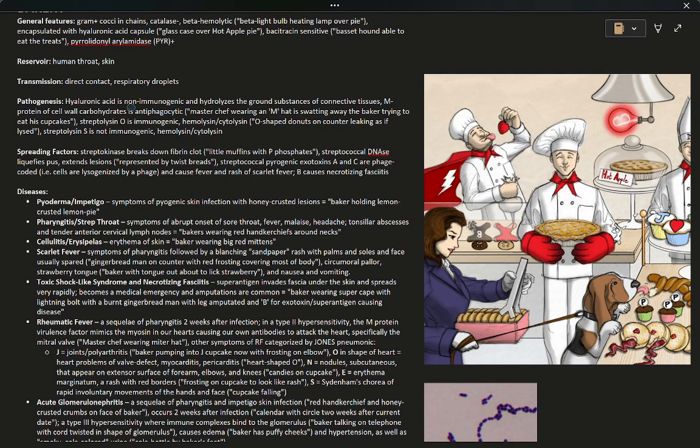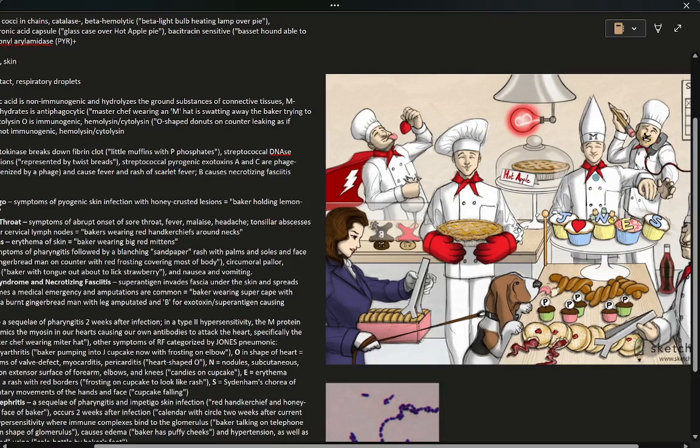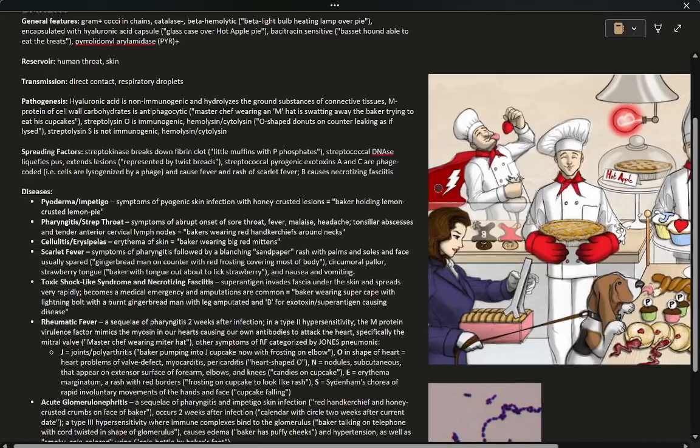So you can remember this by thinking about the master chef that wears the M hat, as shown over here, who is swatting away the baker that is trying to eat his cupcakes, as shown over here. And that's how I remember that the M protein is important for antiphagocytic property.